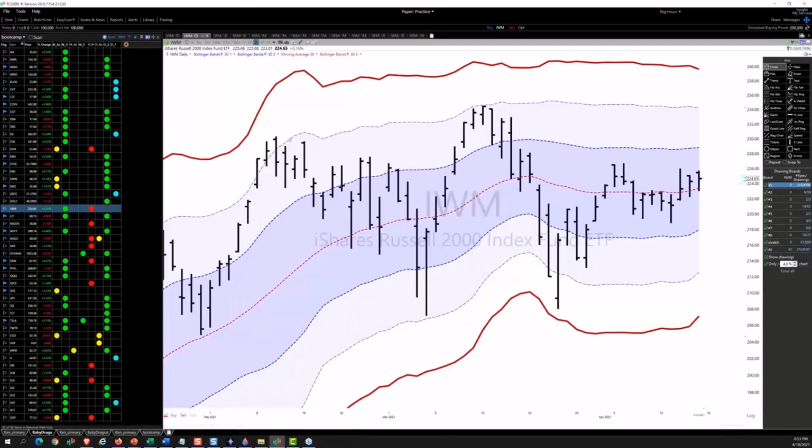I use 3 Bollinger Bands. Bollinger Band 30,1, and that's the inside darkest blue region. That's a 30-period look back, plus or minus 1 standard deviation, and I mark off the simple moving average at the middle in red because that's like the dividing line on traffic.